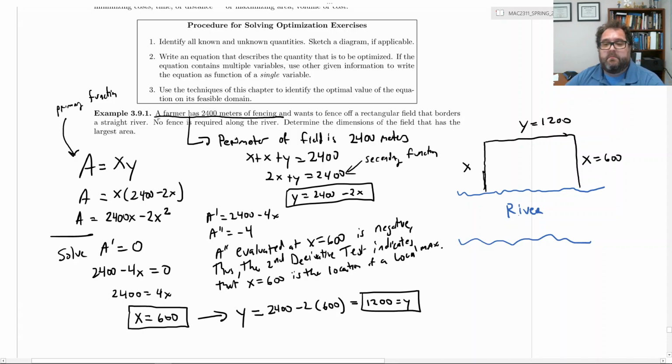Usually we will also specify the optimal value, like the optimal area. Well, it's 1200 by 600. Oh, I should never use an x for multiplication. 1200 times 600. That's 72 with 4 zeros.